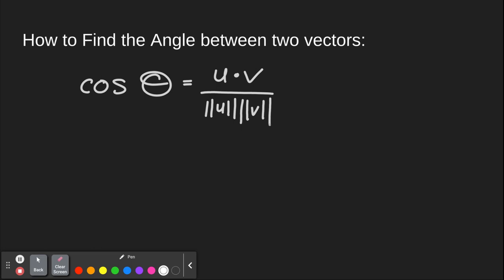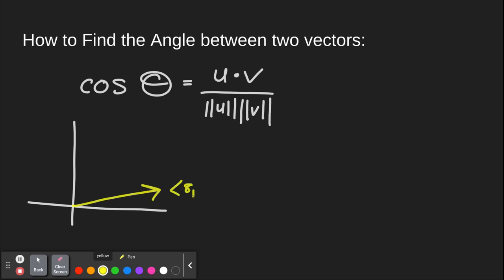Now, we won't go into proving this, but let's see how to use it. So let's say we've got some vector here, 8 comma 1, and this vector here, maybe 1 comma 7. And we want to know, what is the angle between those vectors?